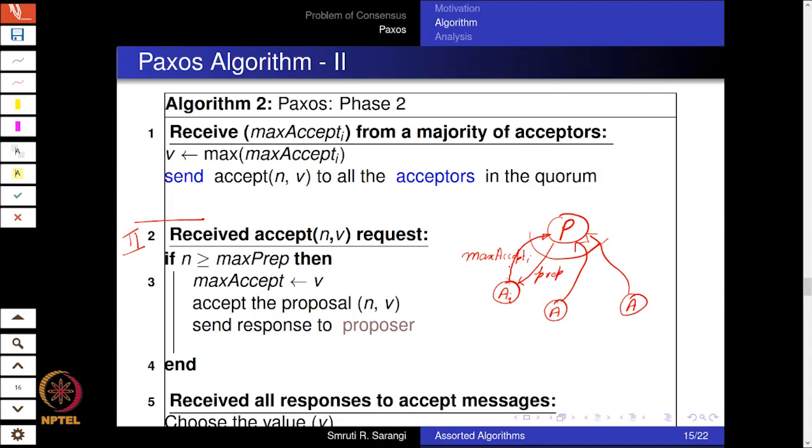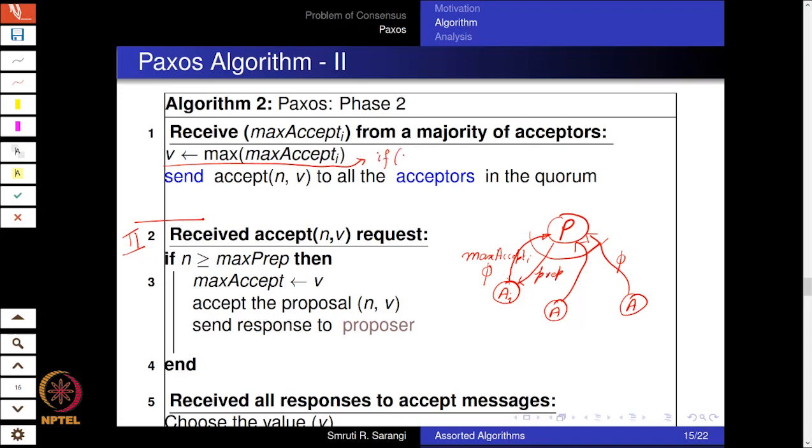So when we are starting phase 1, which means at the time of initialization, all the max accept values that will be sent to the proposer will be null. So we can add an extra line just after this: if all of them are null, then the max of all the nulls will still be null.